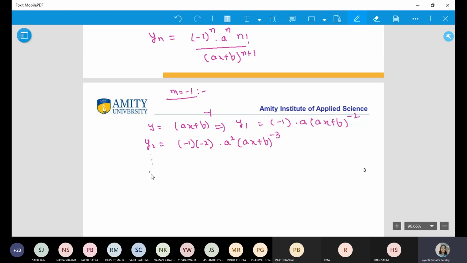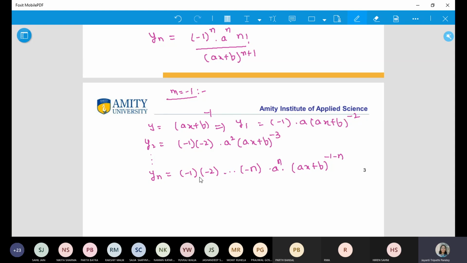You are differentiating and see what you are getting, till -n a to the power n (ax plus b) to the power -1 -n. When you have 2, it is -1 -2. When you have 1, it is -1.